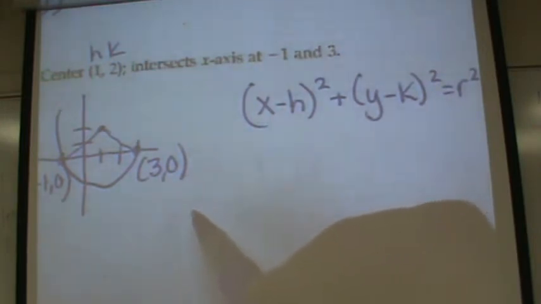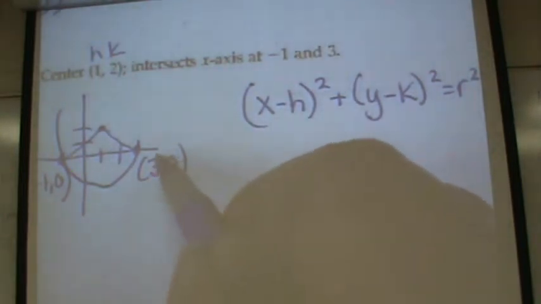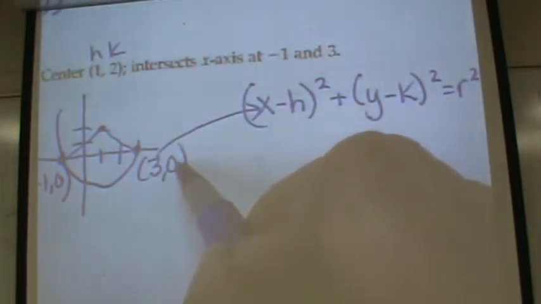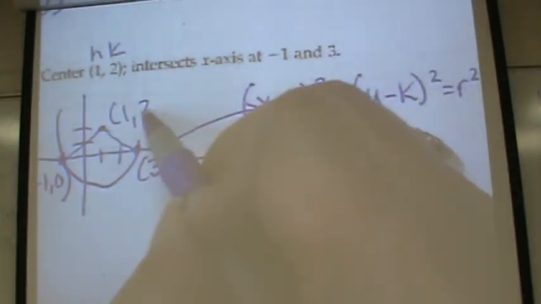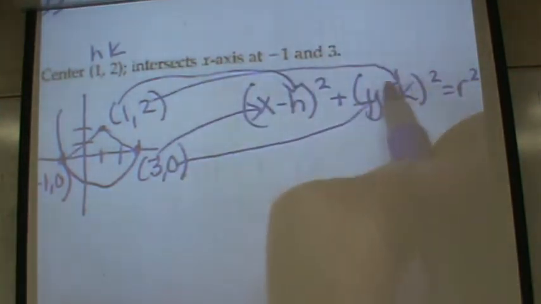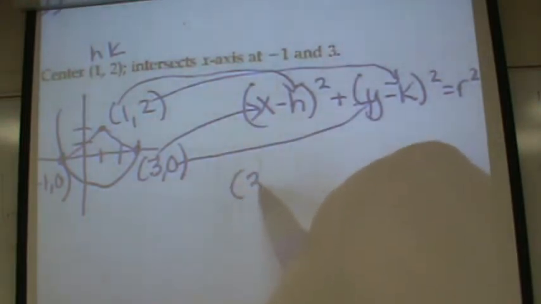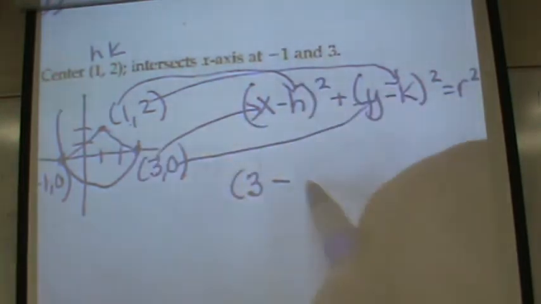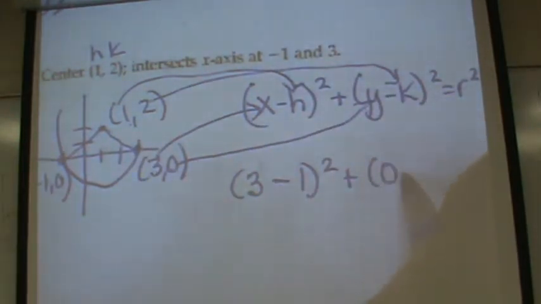Why do we like 3, 0 better? Stay away from negatives. So 3 is your x value, 0 is your y value, and 1, 2: 1 is your h, 2 is your k. What are we looking for? R squared. So we have, let's do math here. 3 minus 1 squared plus, here's your y value, 0 minus 2 squared equals r squared.